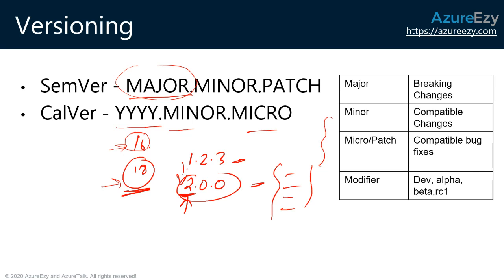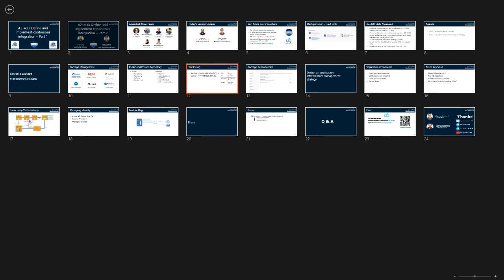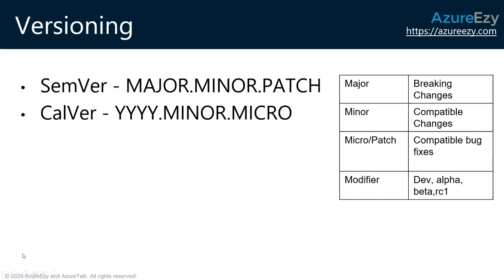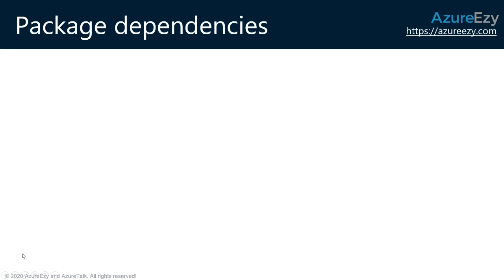And that is how it helps both the consumers and the package publisher to manage package dependency in the system. Now let's clean this up, and let's go to the next slide, where we are talking about package dependencies.